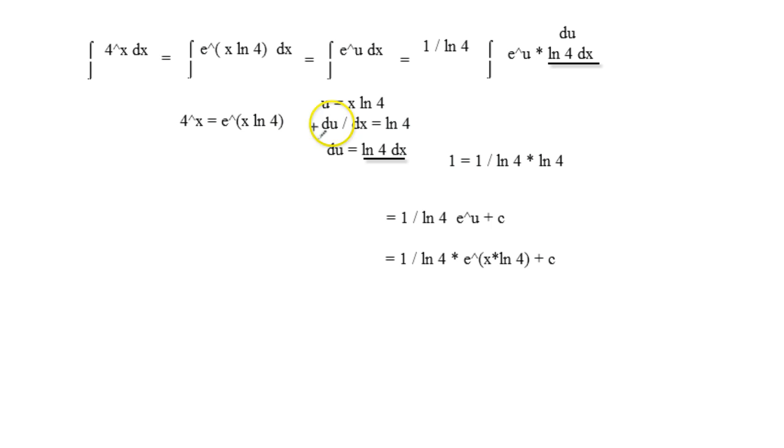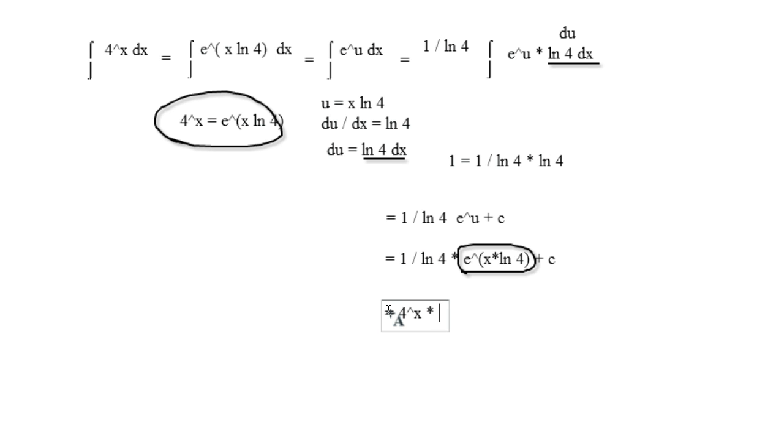Then I replace all of this e expression with 4 to the x, so we get 4 to the x times 1 divided by the natural log of 4, plus c, and voila, we have our answer.